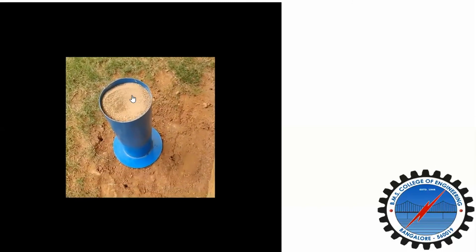When there is no further movement of the sand in the cylinder, close the shutter. Remove the cylinder from the excavated hole and weigh the sand pouring cylinder with remaining sand, that is W4. Take a small soil specimen from this soil for moisture content determination as per standard procedure.